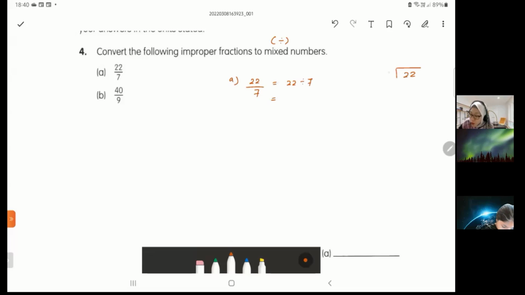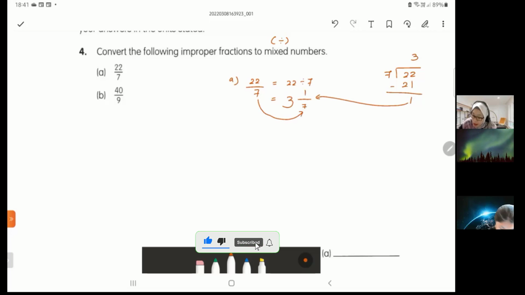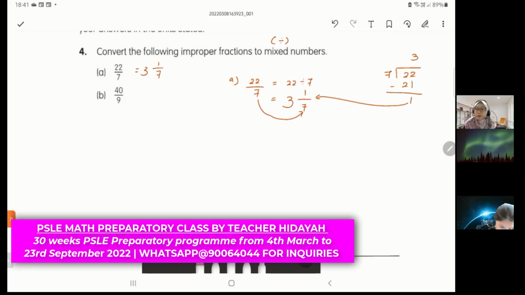All right, so you think of times table 7. Is there 22? No 22. Nearest is 21. That will be 3 times 7. All right, minus 1. This is our numerator. So I have 3 whole, 1 is our numerator over 7 is our denominator. Answer is 3 whole 1 over 7.